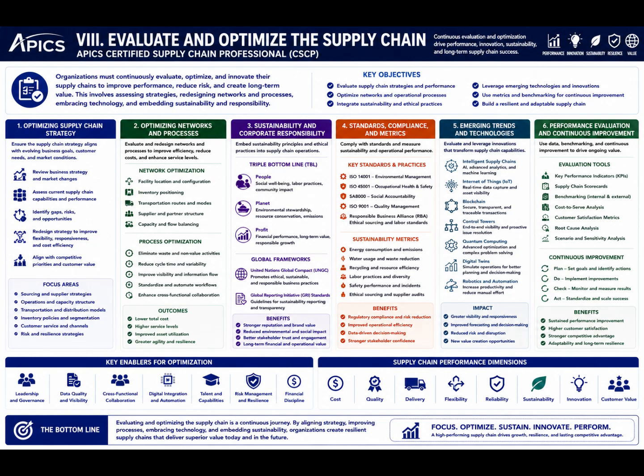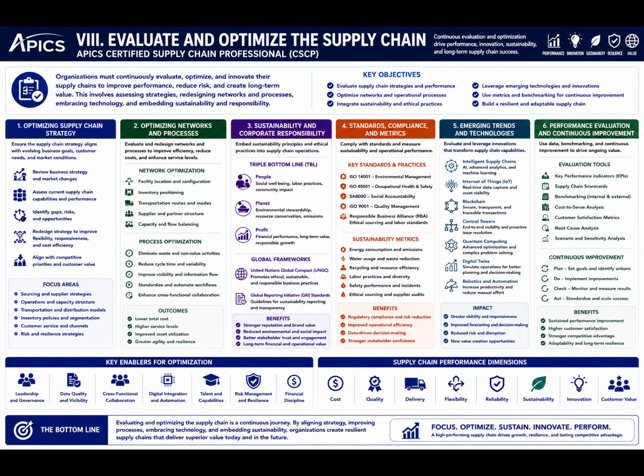Overall, the Evaluate and Optimize the Supply Chain section of the CSCP program emphasizes that supply chain excellence requires continuous improvement, strategic evaluation, sustainability integration, and technological adaptation. Organizations must regularly assess supply chain performance to identify opportunities for optimization and respond effectively to changing market conditions.